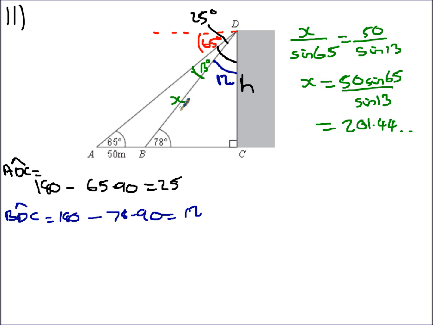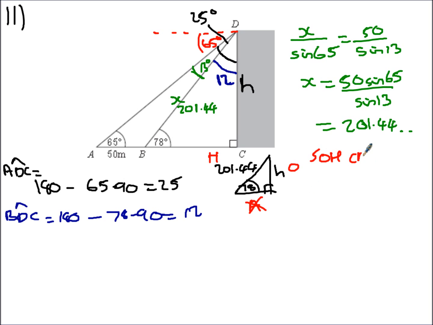So if that's 201.44, if I just quickly draw, just so you know what we've got here, we've got a right angle triangle. That's 201.44. And we know that's 78, and we want to work out what H is. If I use trig, that's the hypotenuse, that's the opposite, and that's the adjacent. Nothing to do with the adjacent, so it's SOH CAH TOA; nothing to do with the adjacent means these two go.